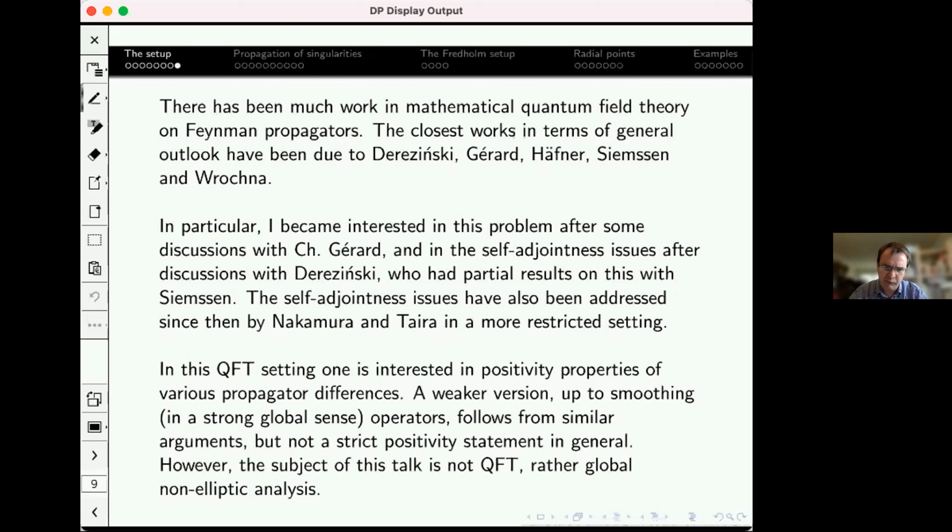And I will have some more comments about this. But in this setting we have these global inverses, so we have no freedom whatsoever. The conclusion is that these other differences one would like to have, again with the correct sign and i, are not really positive, but are positive up to a smoothing error. And again, I will comment on this later. So I just wanted to point out that this is not quite doing what one would really like from a QFT perspective, but it is giving one Feynman inverses that come from a global inversion, and so there's no freedom in what one does.